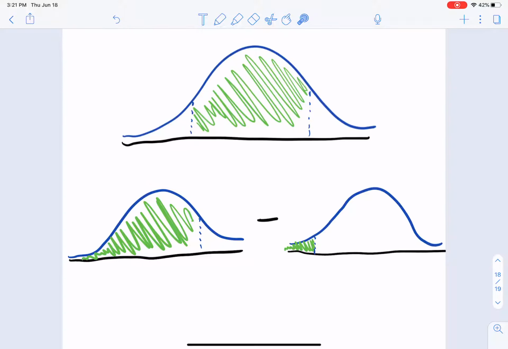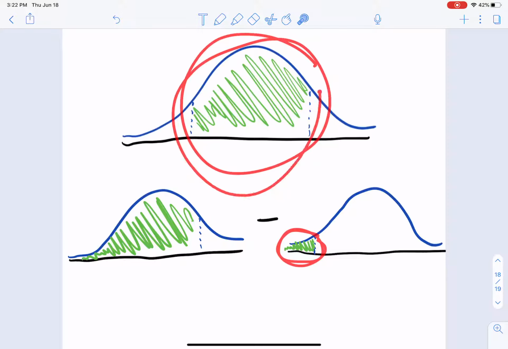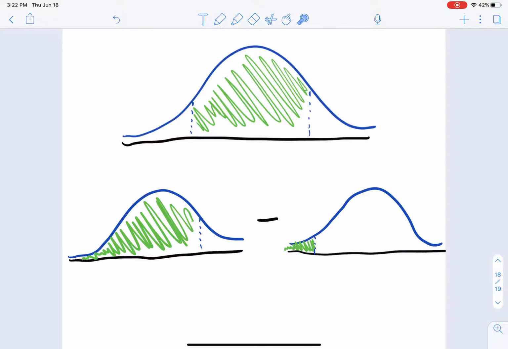Same kind of deal with the square and the circle. If we calculate this whole area, and then take away whatever this area is, that leaves us with this. So that's the idea.